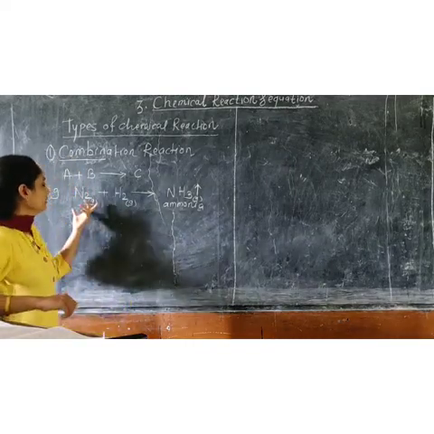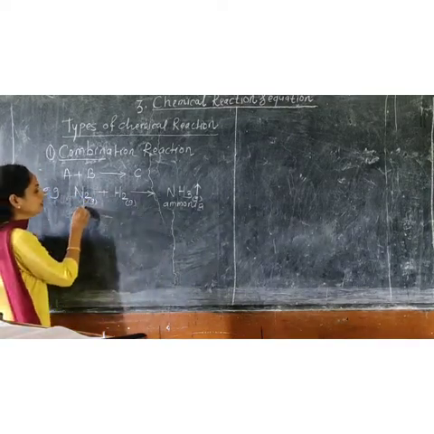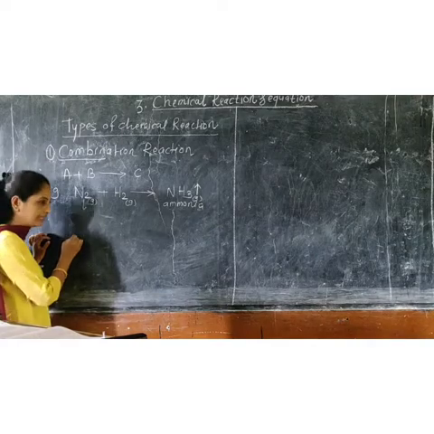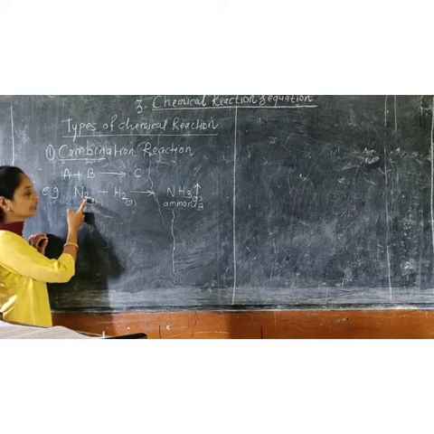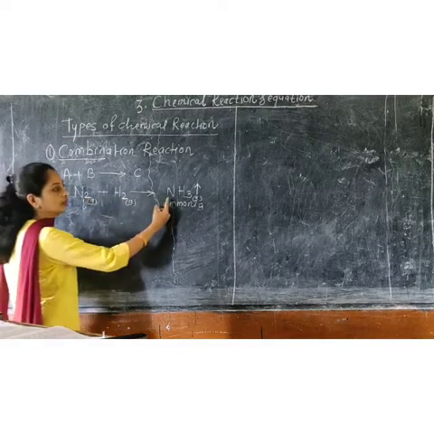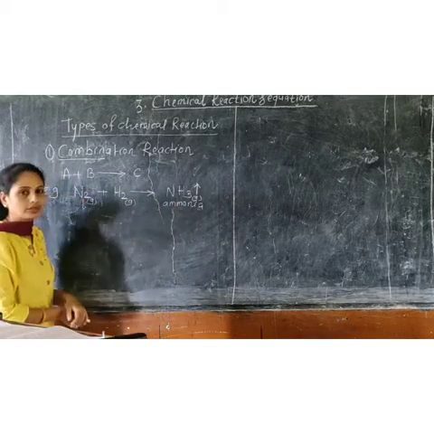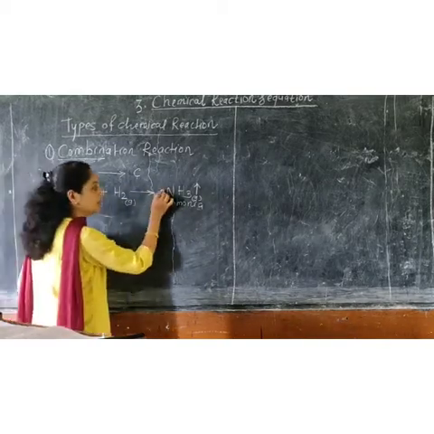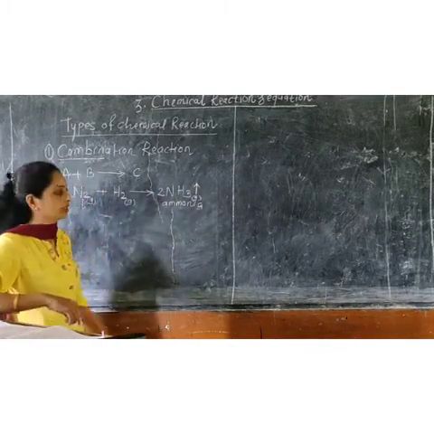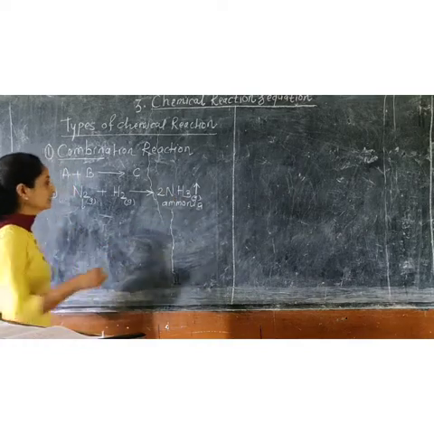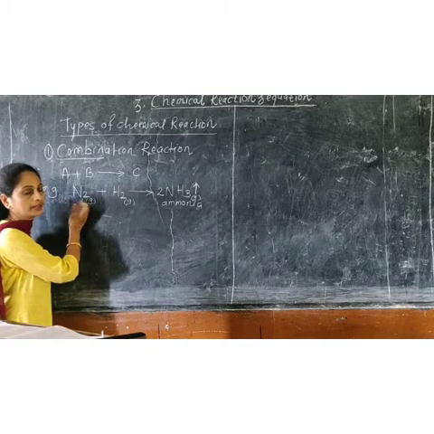We have to equalize them, so we take a coefficient 2 on the product side. So on the product side there are two nitrogen, and on the reactant side also there are two nitrogen.